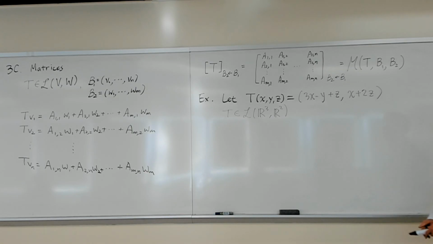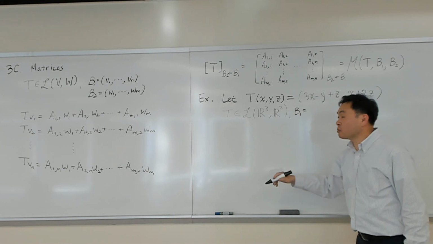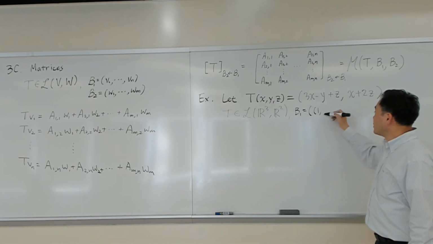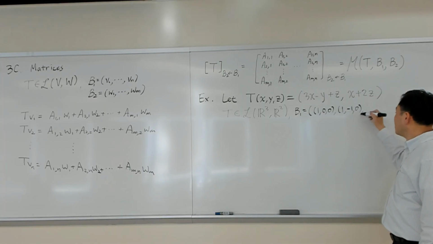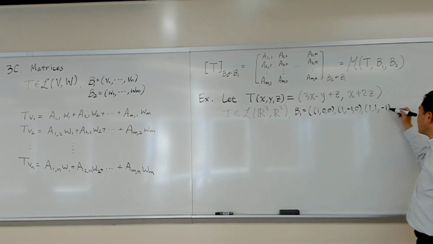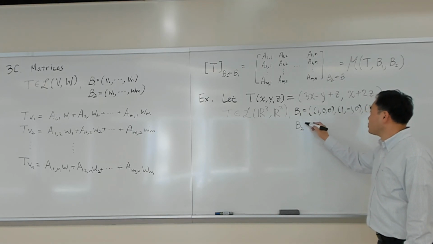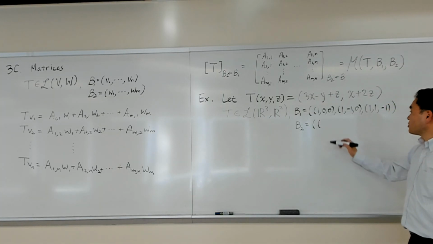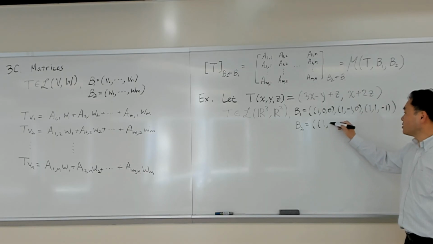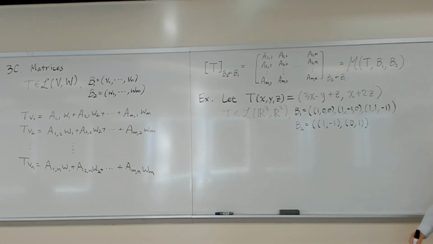Okay, now furthermore, let's assume that the basis for R3 is (1, 0, 0), (1, negative 1, 0), and then (1, 1, negative 1). And let's also assume that the basis for B2 is, well, let's just use (1, negative 1) and then (0, 1).